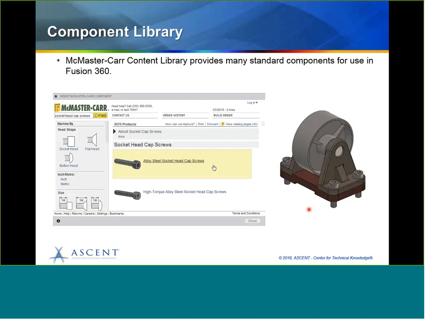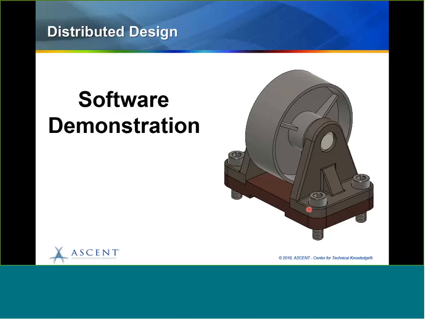This library is given direct access right inside of Fusion 360. I can select an insert command, and it would bring me to this website, and I can navigate through. It has access to CAD files, so I can then insert that CAD file into my model. Very handy, and I will also show you this in the demonstration that's coming up now.